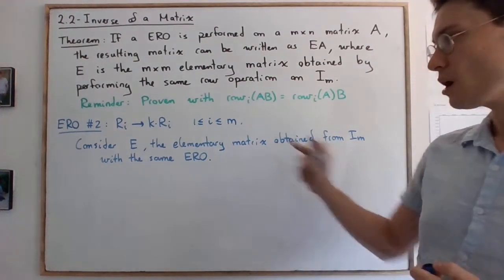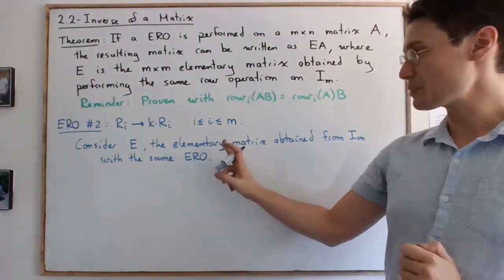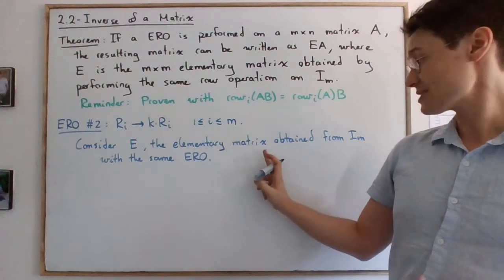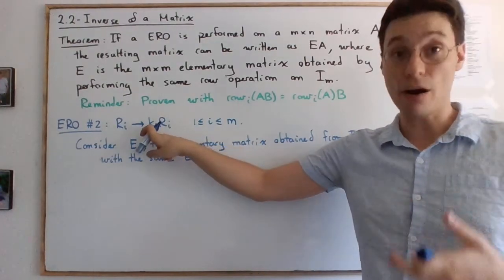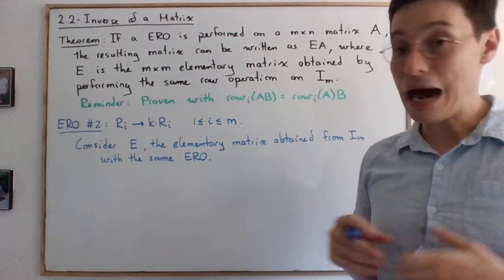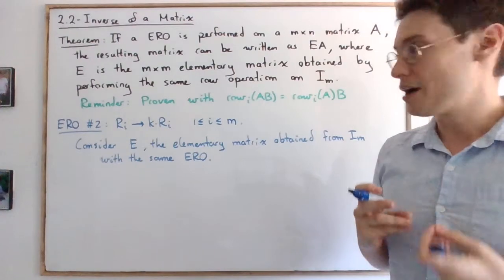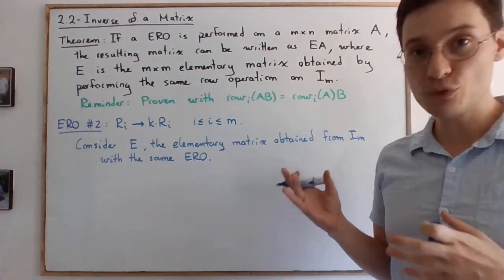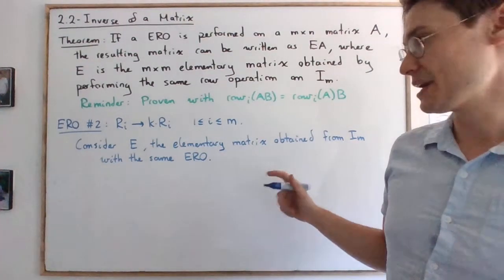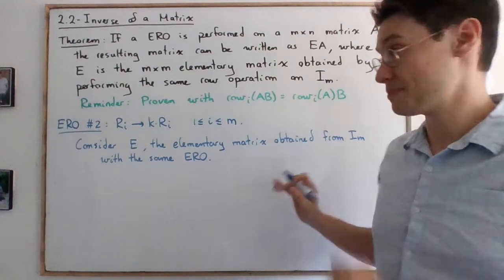So we consider again, like in the last video, the elementary matrix obtained with that ERO from I, and we want to calculate how the rows of E times A change when you compare them to the rows of A.